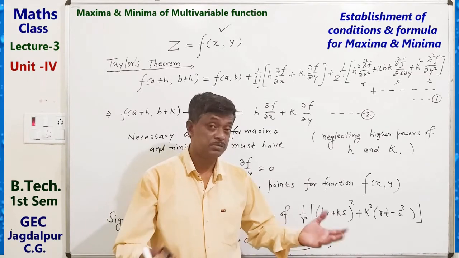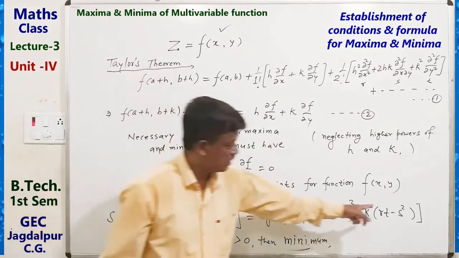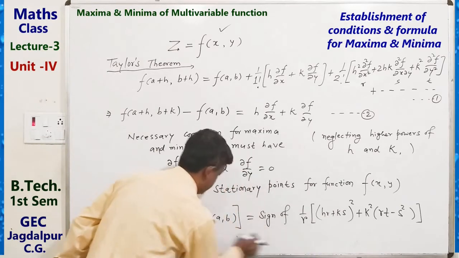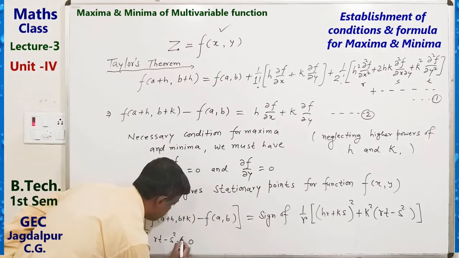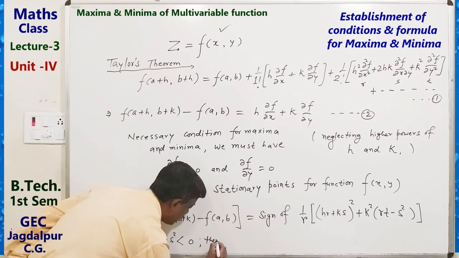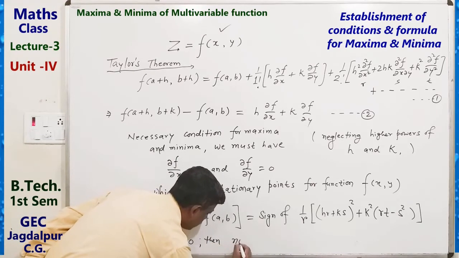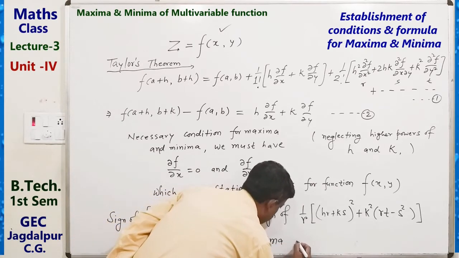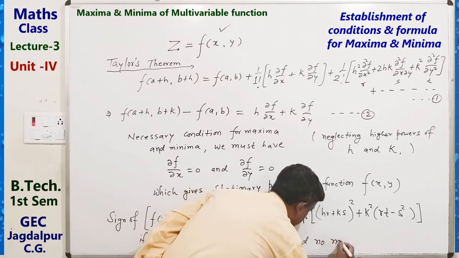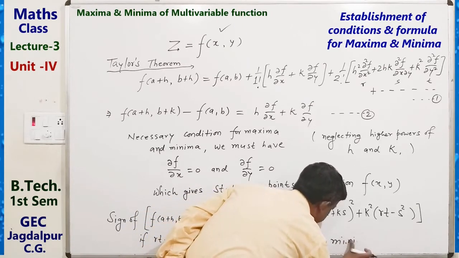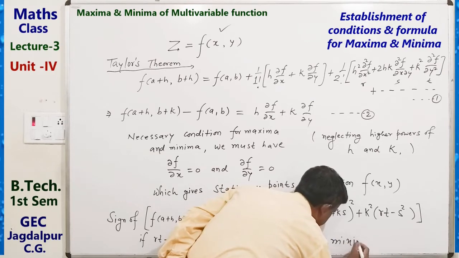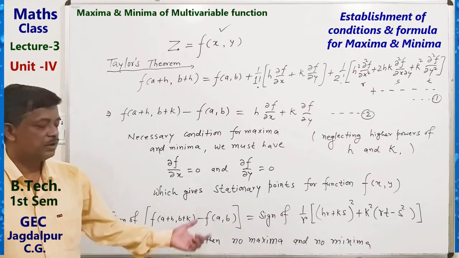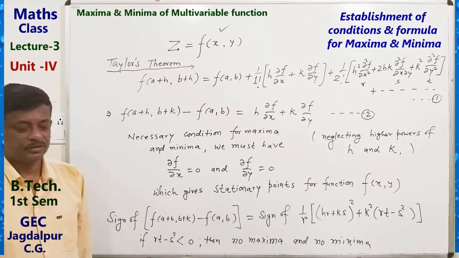So there will be no maximum, no minimum if this is less than 0. There is no maxima and minima if less than 0.